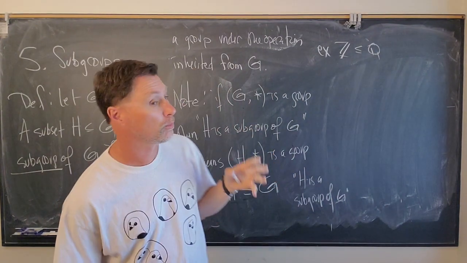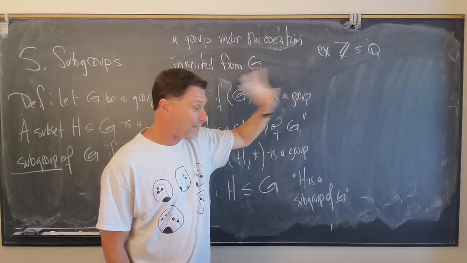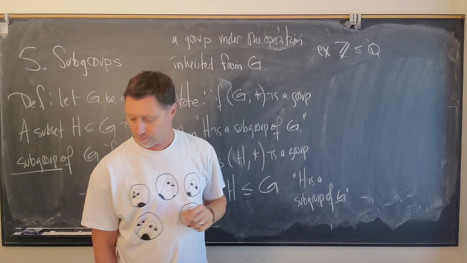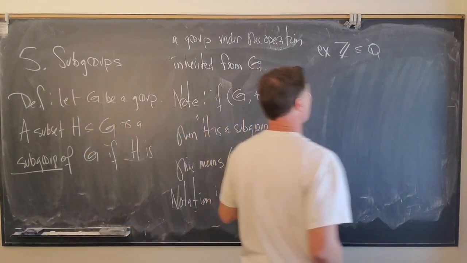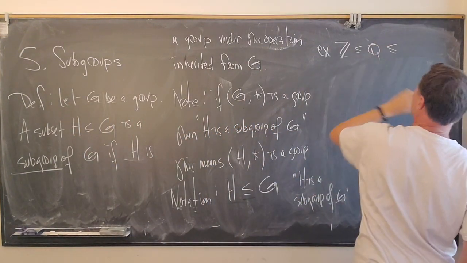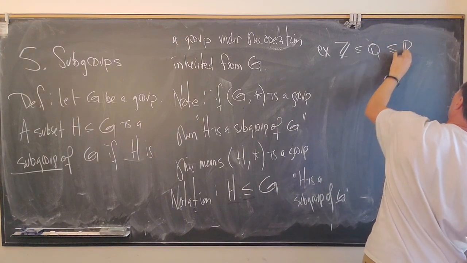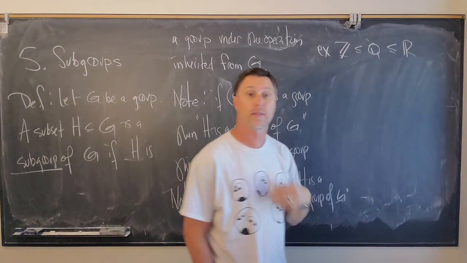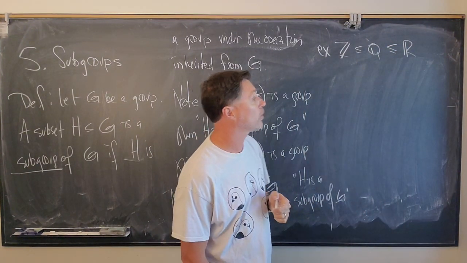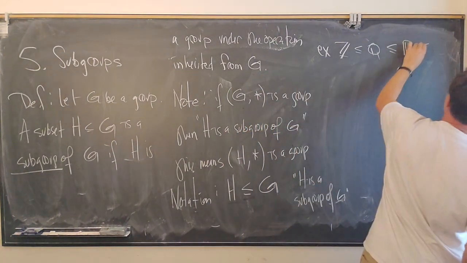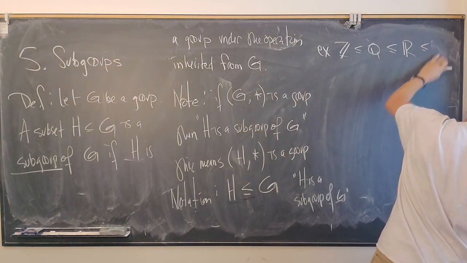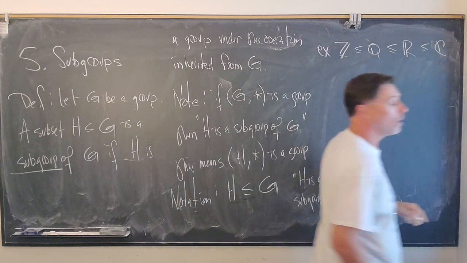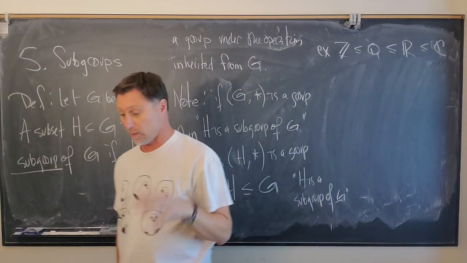Anytime when we talk about the group of rationals, that is by default the operation is addition. And then the group of rationals is actually a subgroup of the group of real numbers. Remember, the automatic underlying operation on the real numbers is addition, and the real numbers is a subgroup of the group of complex numbers. All of this is under addition.